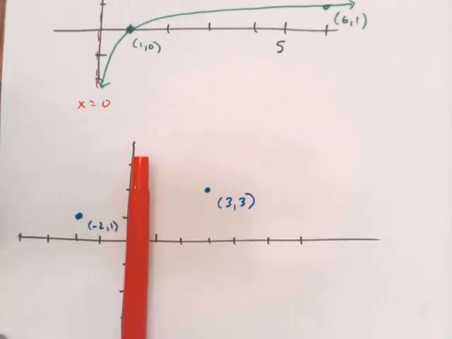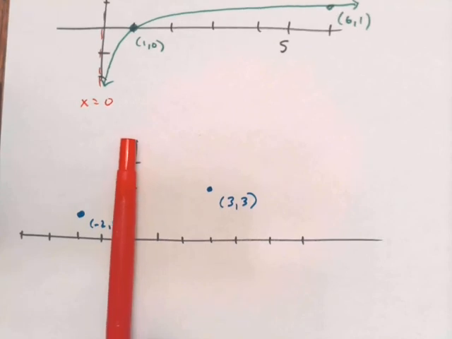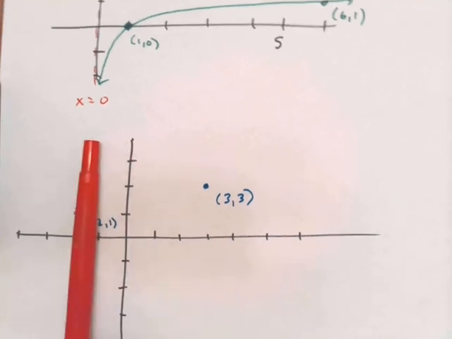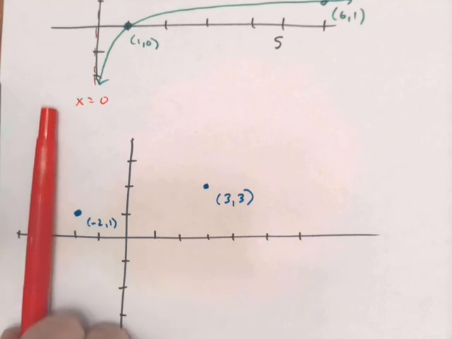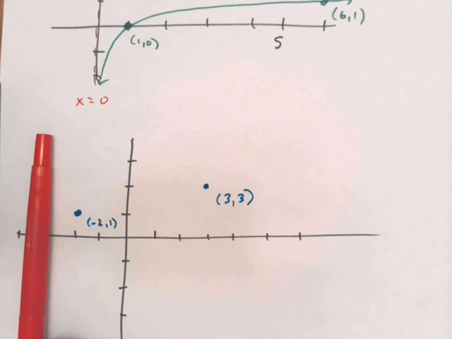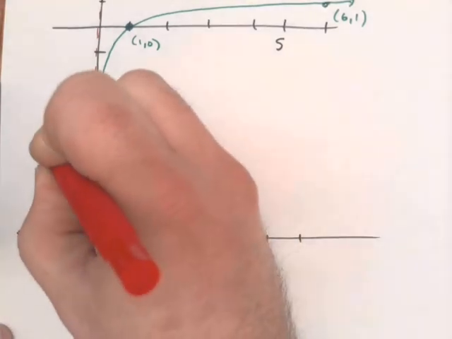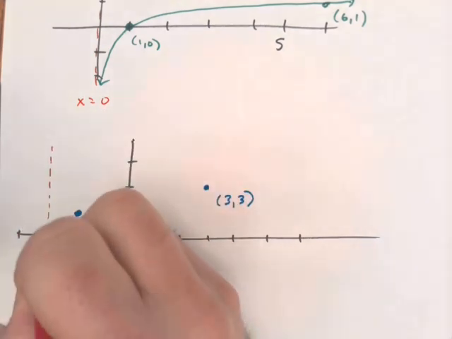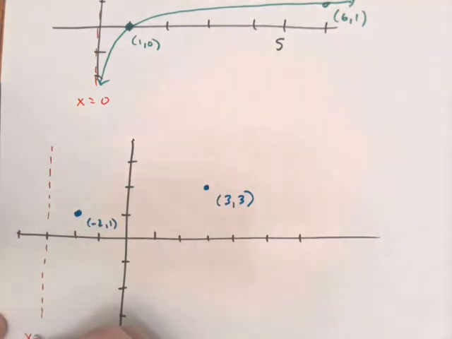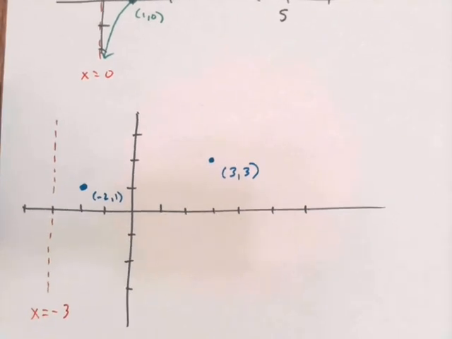We have a vertical asymptote on our parent function right on top of the y-axis. I need to move it left 3 and then up 1, but the up 1 really doesn't change the look of that vertical asymptote at all, just the shift over to the left 3. We're technically going left 3 and up 1, but visually we only see the difference of the horizontal shift.